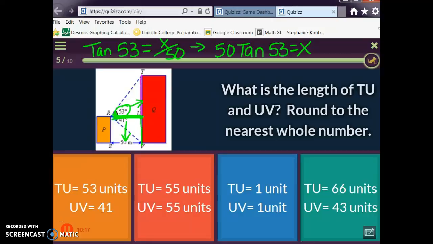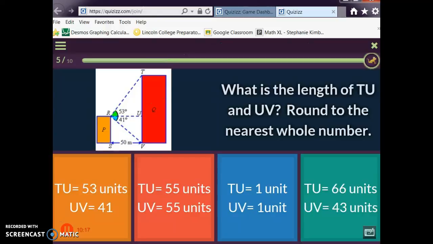Well, the tangent of 53 degrees is 1.327, an irrational number. I'm going to take that times 50, and that gives me 66.3522. This says round to the nearest whole number. So TU is going to be 66. Well, we need to go no further. I think I know the answer.